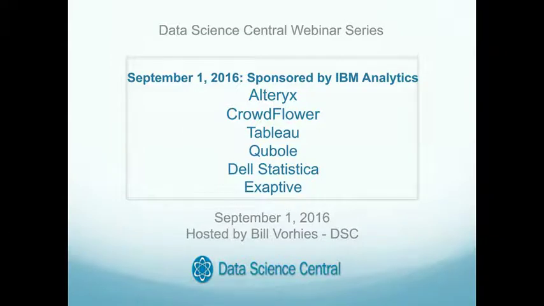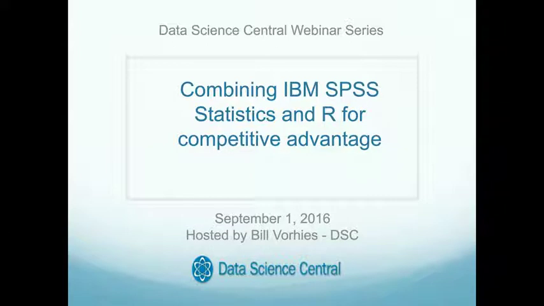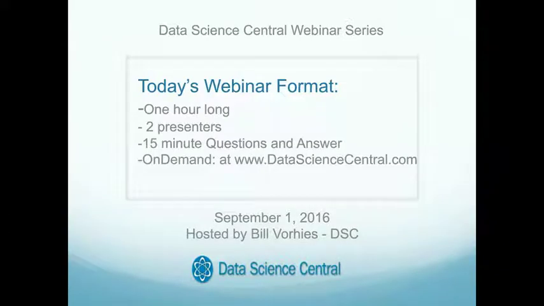Now, today's webinar is entitled Combining IBM SPSS Statistics and R for Competitive Advantage. And before we begin, I'd like to briefly review the format of today's webinar. Today we'll have a 1-hour presentation with two presenters that I'll introduce in just a minute.